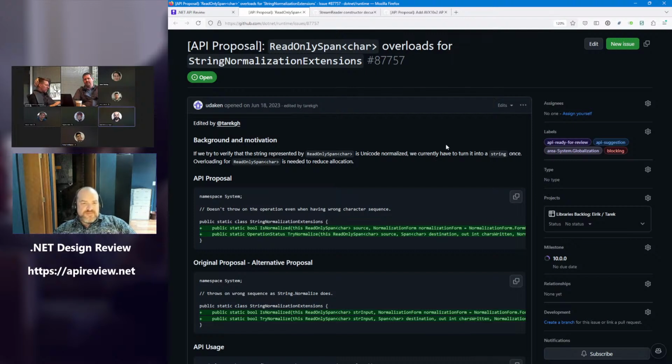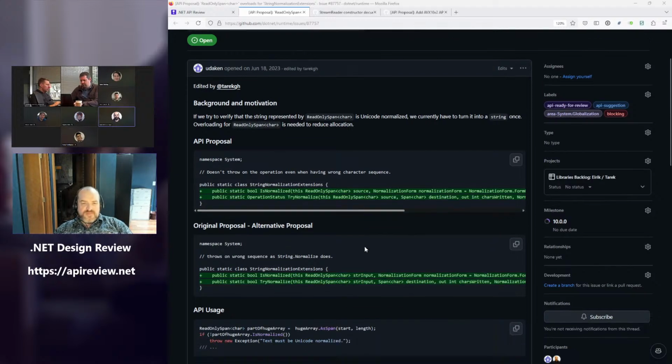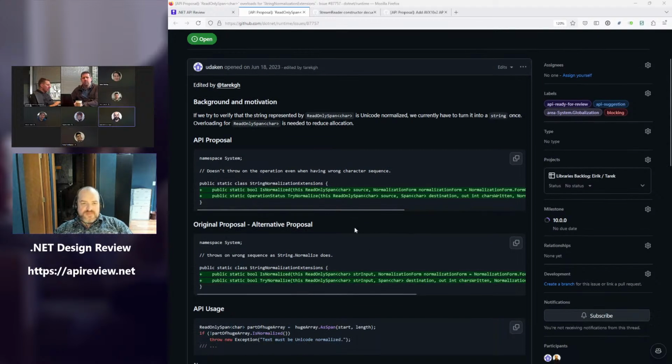And these two methods on the string class today do the normalization, and in case of normalization, it returns a new string. So it always allocates a new string for the normalized string. So this proposal is to allow similar C API to work with the spans. So users can have the option to avoid the allocation if possible.